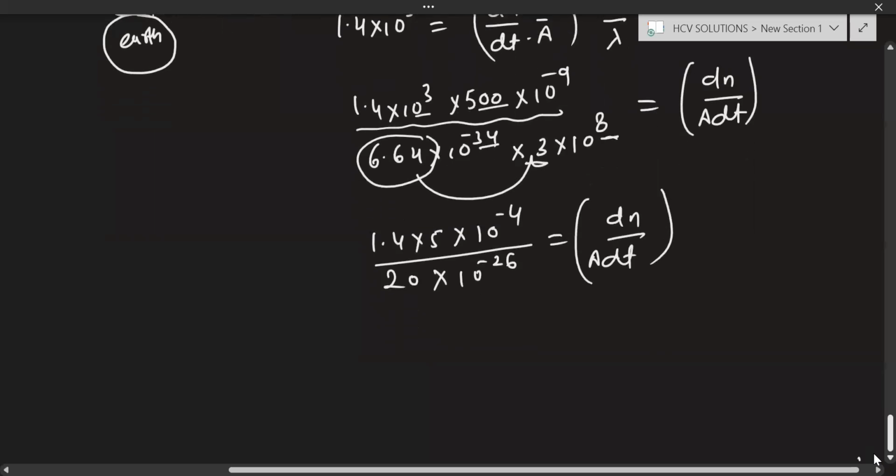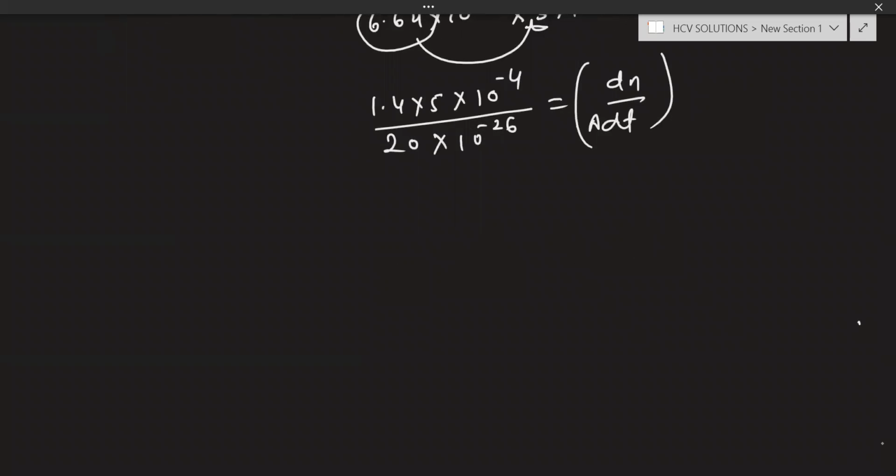Now if you calculate this, you'll find 7 by 20, and it goes in the numerator, so it will be 20 times 10 to the power 22.